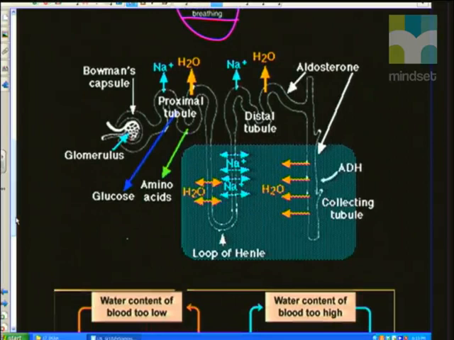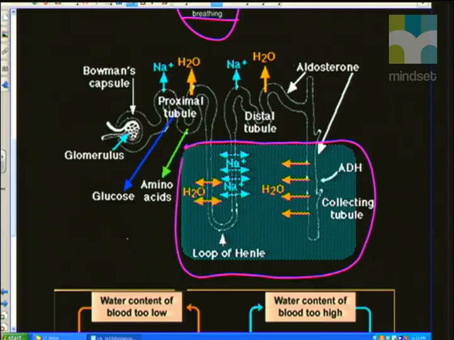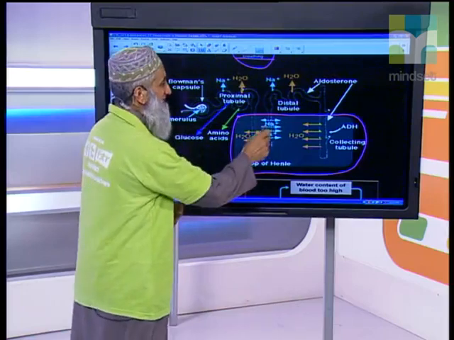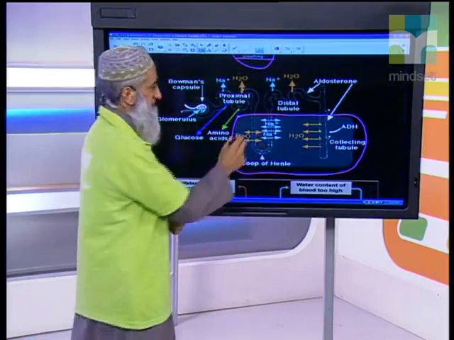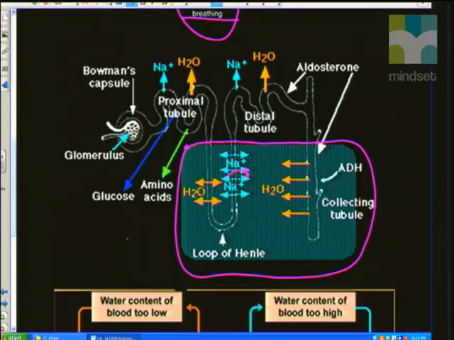This one here is just showing you again, to remind you of the nephron in the kidney. And it's this area here especially where the levels of water are controlled. What happens in that area is sodium ions are pumped out of the tubules.